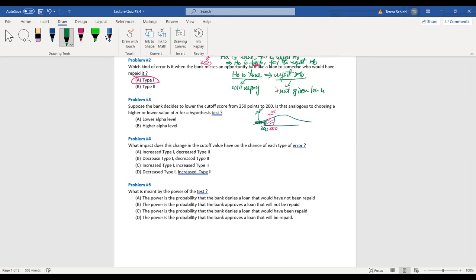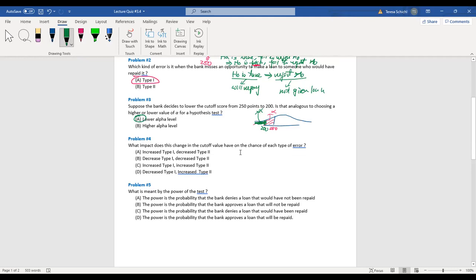So this is my new alpha value. Obviously the green one has a lower area, so that means smaller, right? So what is the answer here? We're going to have a lower alpha value.